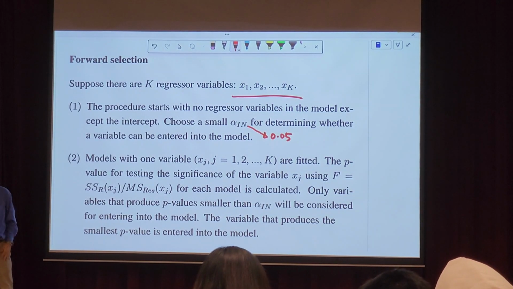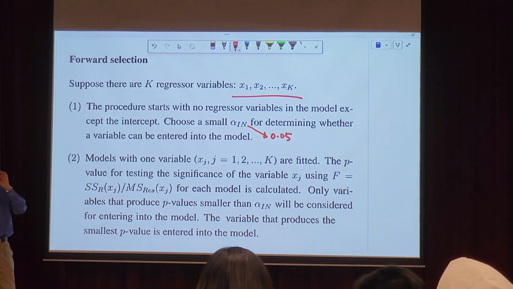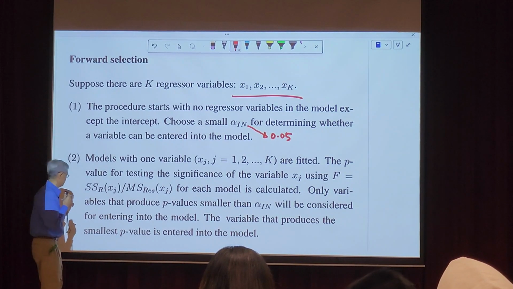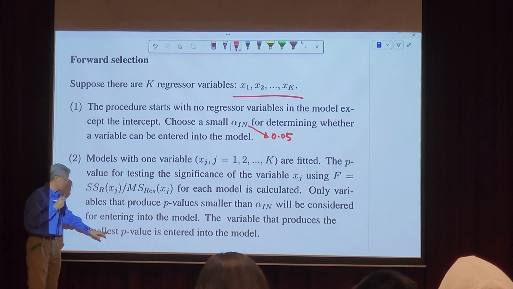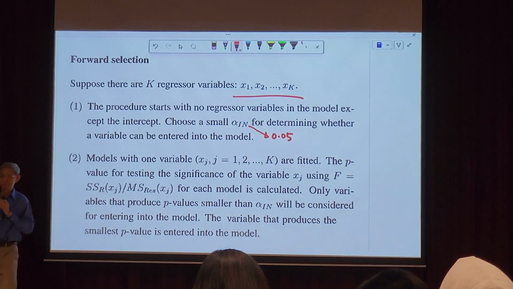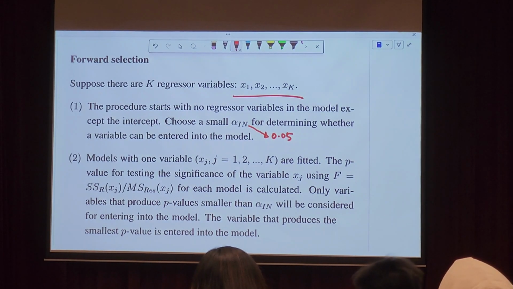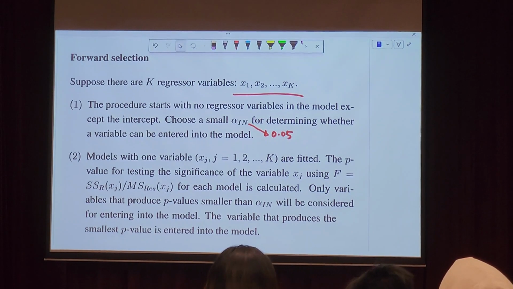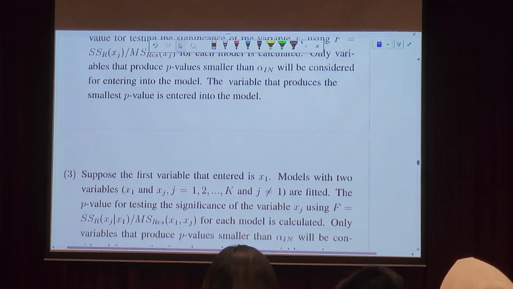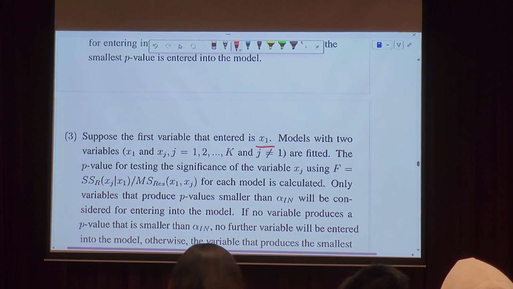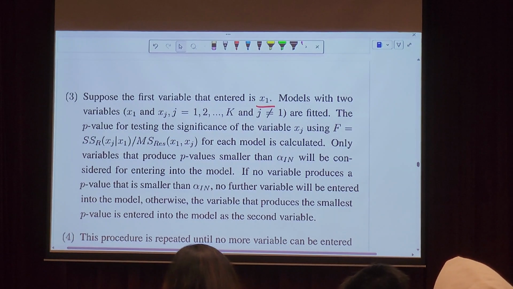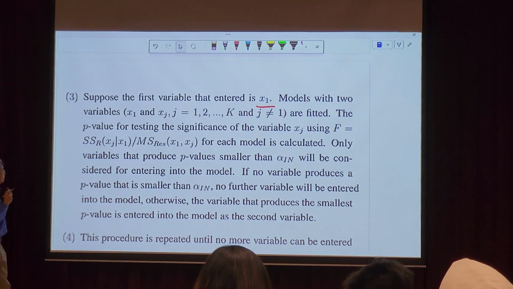So which one do you choose? Of course, we choose the one with the smallest p-value, the most significant. So the variable that produces the smallest p-value will enter into the model. So now we have beta naught plus beta 1 xj, whatever that is. It doesn't have to be x1, but let's just say x1 gives us the smallest p-value.